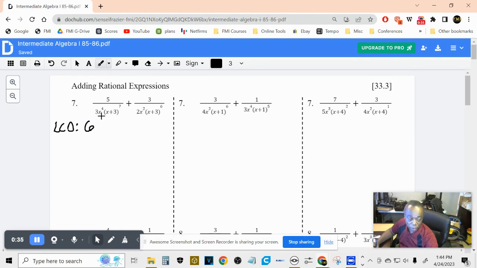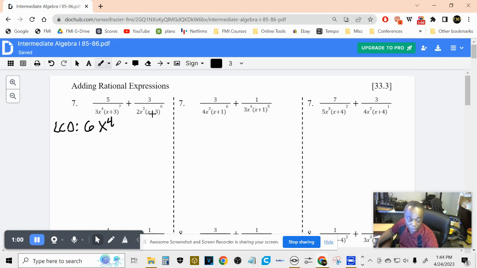Next, we have an x to the 4th power and x to the second. Or should I say we have 4 x's and 2 x's. As far as the x's are concerned, variables, always choose the higher, which is the 4th power. So it's x to the 4th. That's easy. Now, we also have x plus 3's. We have 7 of them here, and over here we have 6 of them there.